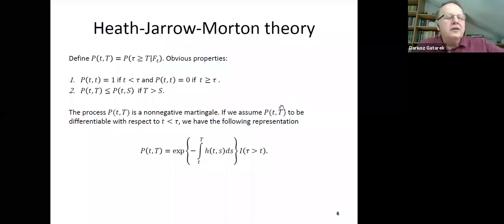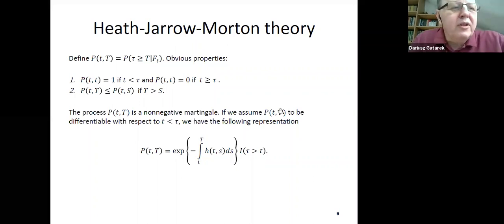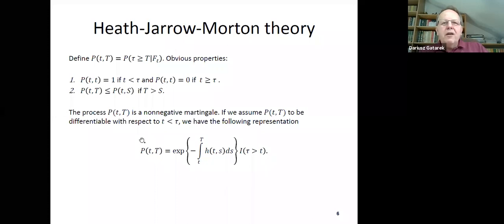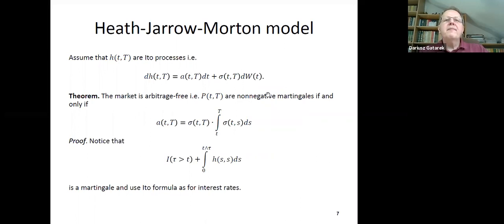So, of course, we assume what the applied mathematician does, because the applied mathematician assumes everything is differentiable, everything is integrable. We don't have any technical problems. So if we assume that P(t,T), capital T, is differentiable, we've got the following representation. Yes.